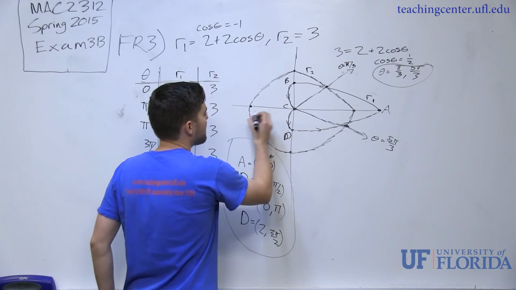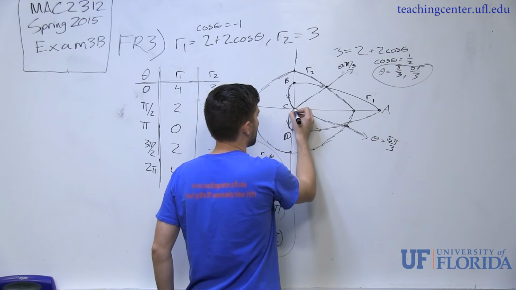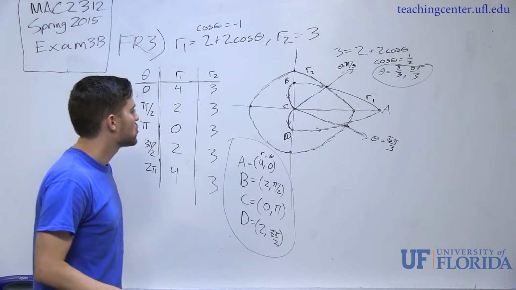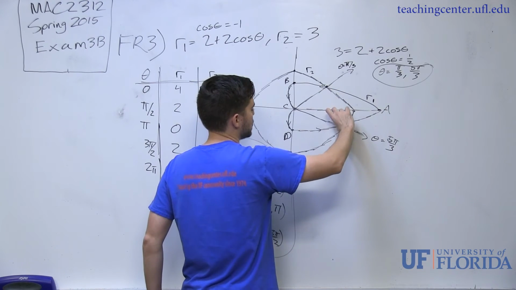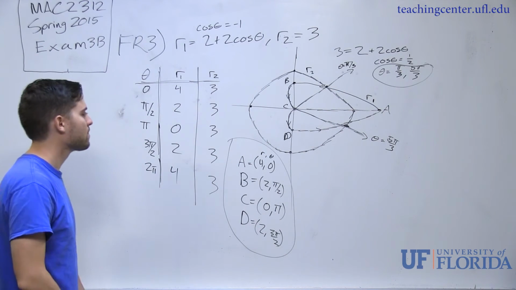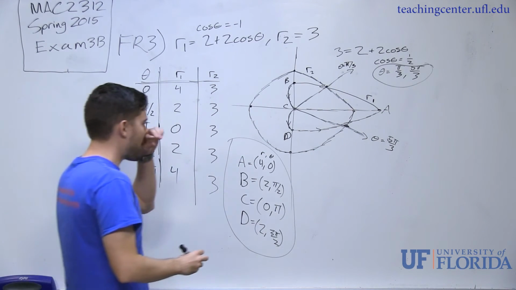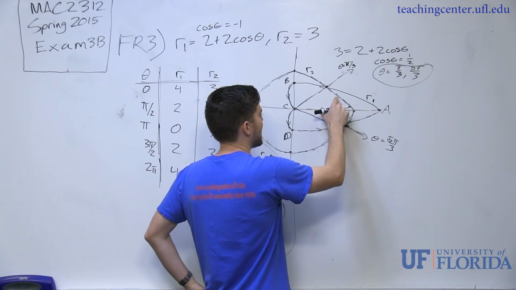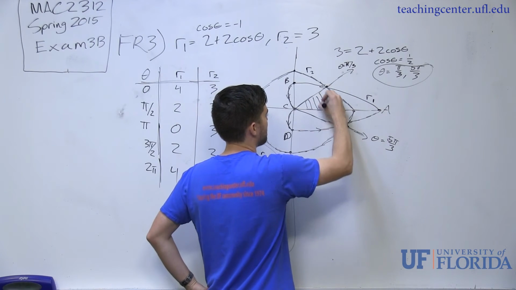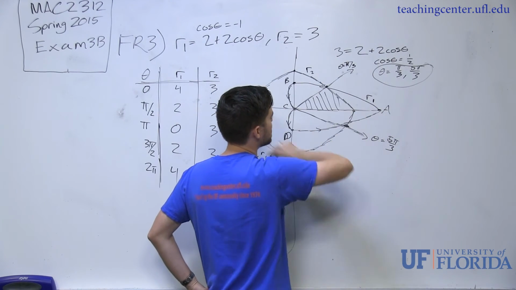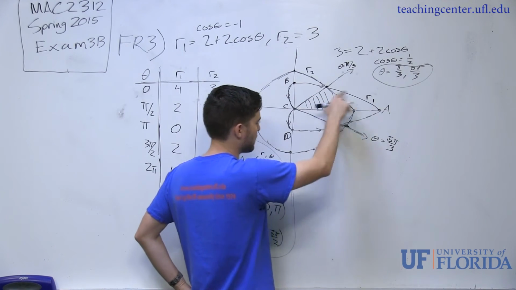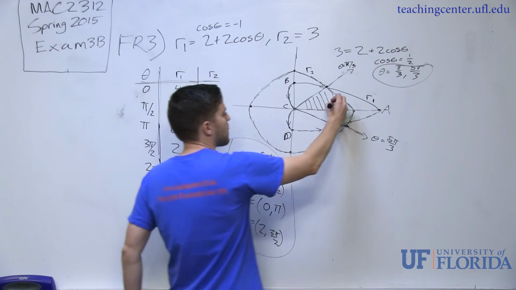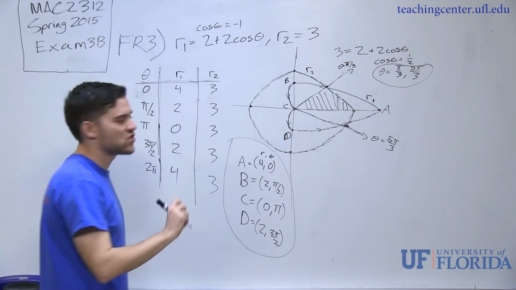So we do have an axis of symmetry along the x-axis, so that's good. So if there's an area over here that overlaps, it should overlap here as well. Okay, so right off the bat, I notice that area that's inside both curves is inside of this block right here. So this is inside of the circle, and it's also inside of this curve. Okay, so that's going to be my first stop in this case.